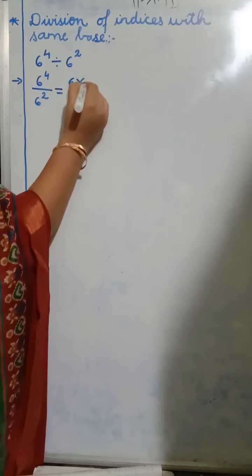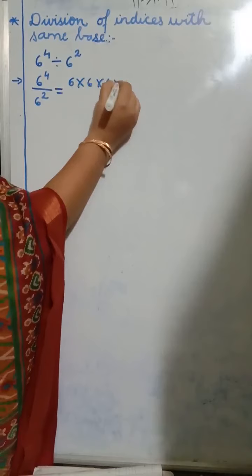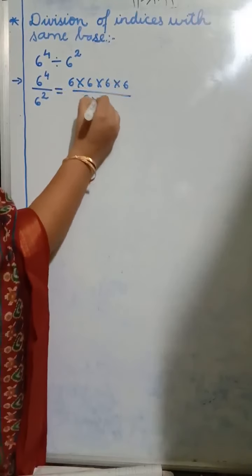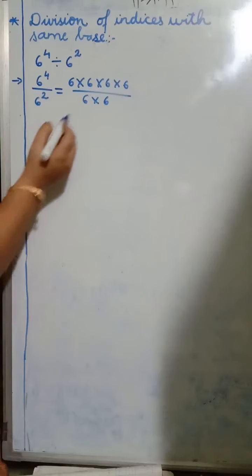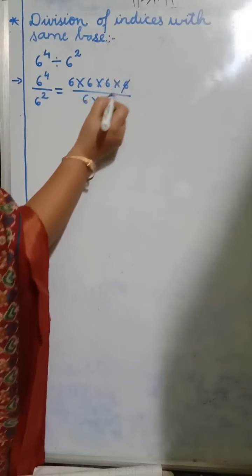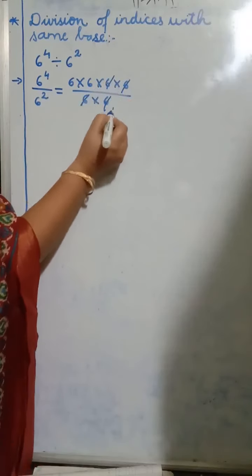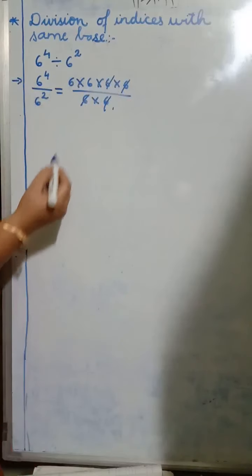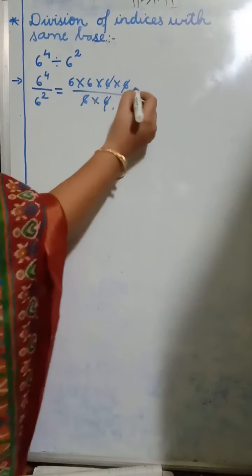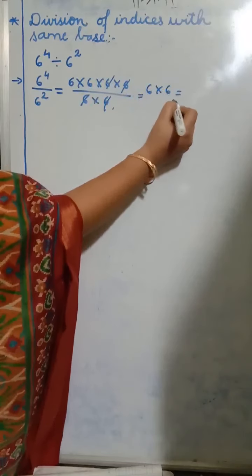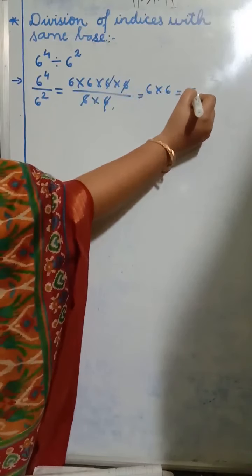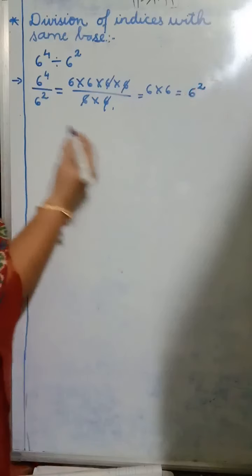So 6 I will write 4 times, upon 6 I will write 2 times, because it is 2 times here. Now if you see, is 6 common here? Is it dividing by 1? 6 ones are 6, ones are 6. So what is remaining now? 6 into 6. So we can write this in index form as 6 raised to 2.